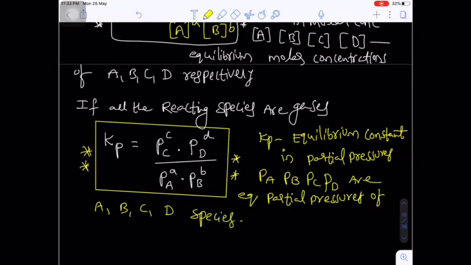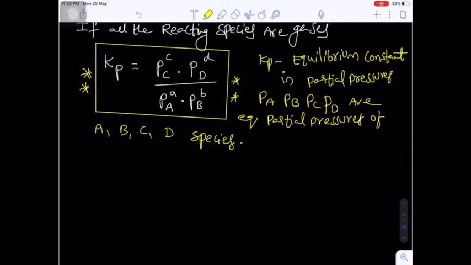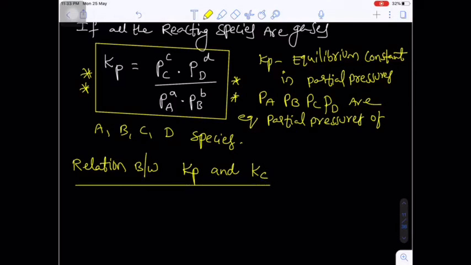Now here, the important concept, the relation between Kp and Kc, a very important derivation from an objective point of view.